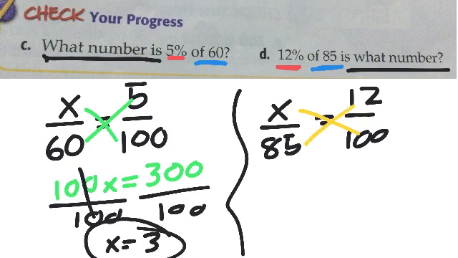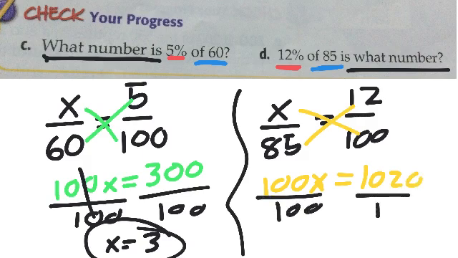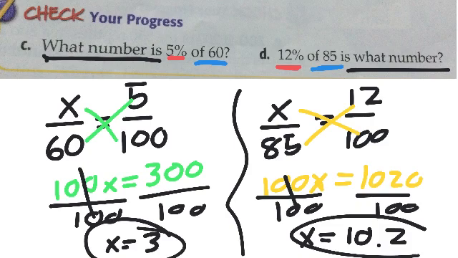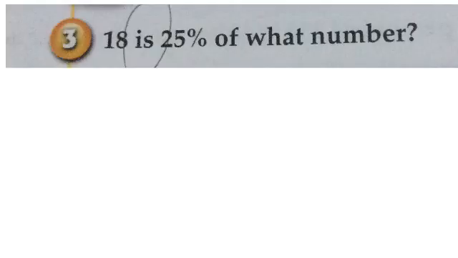Cross multiply and set those equal. 100 times x is 100x. 85 times 12 is 1020. Now x is being multiplied by 100, so I divide by 100. And that tells me x equals 10.2. So yes, we can get decimal numbers sometimes. That's okay. That does not mean you did it incorrectly.